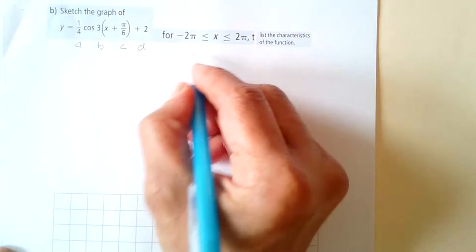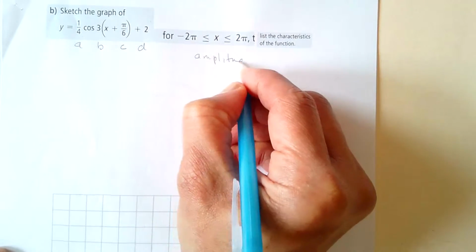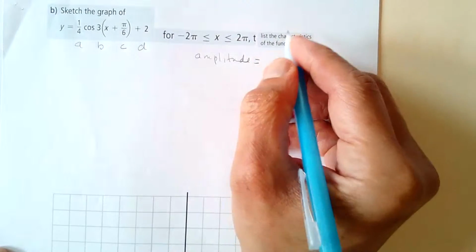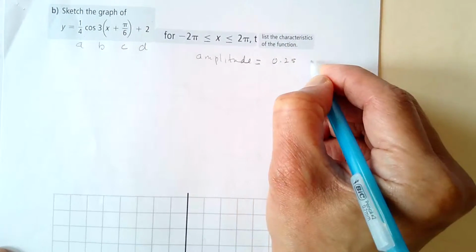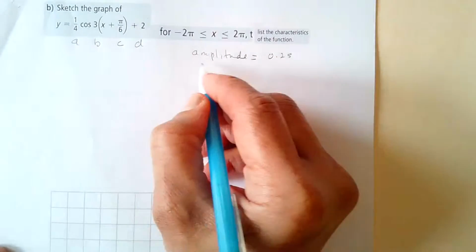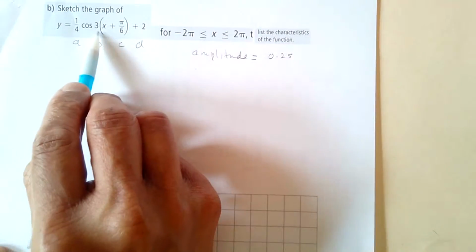We know the amplitude is equal to a quarter, or 0.25. Now the period is interesting, it's your b.